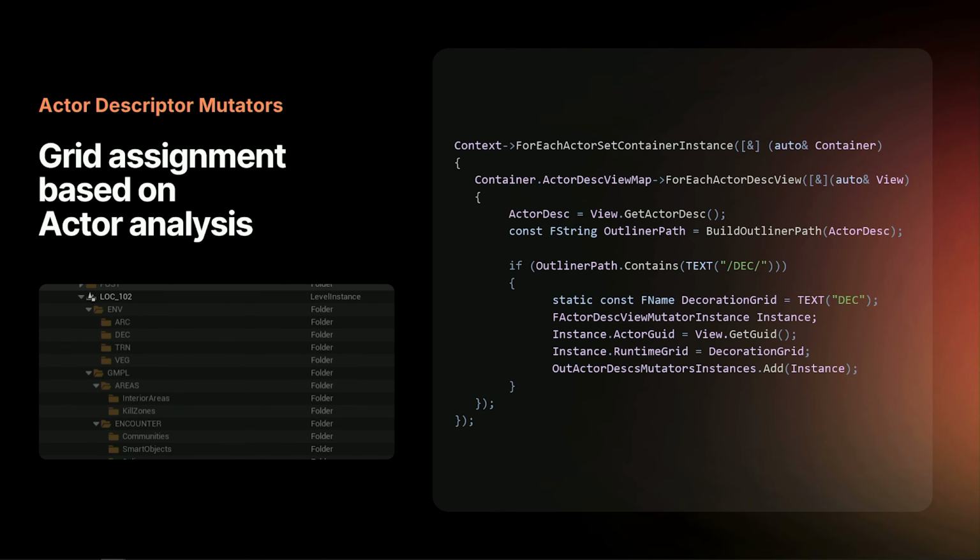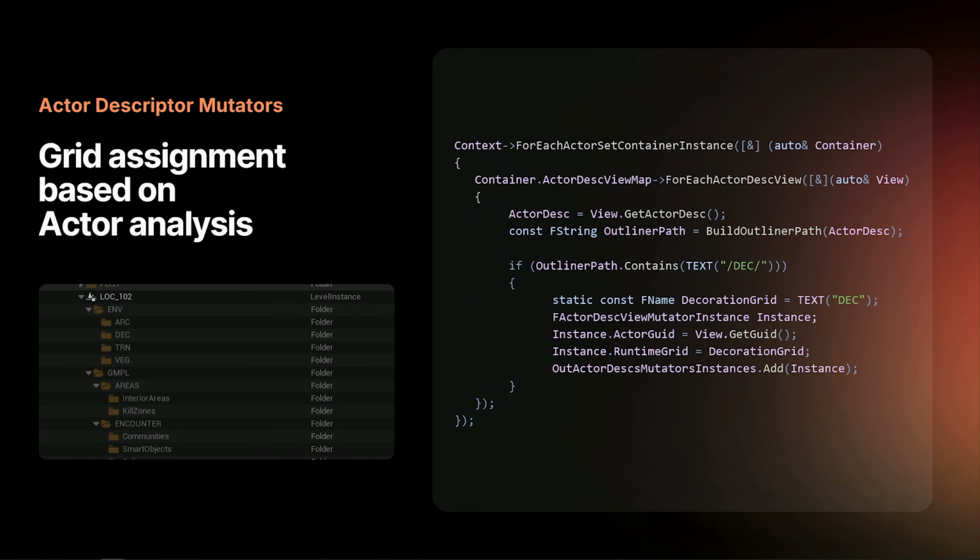At CD Projekt Red, we heavily utilize the folder structure to separate architecture from decoration, vegetation, and so on. With the vanilla approach, we would have to do a manual pass to assign proper grids for specific assets. With mutators, we can automate this process.